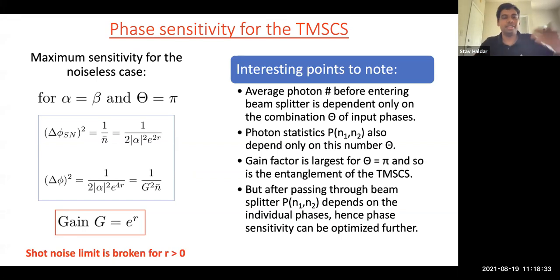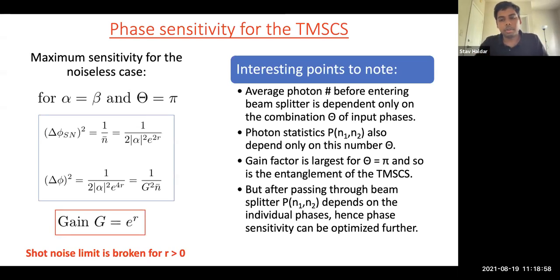It's either 0 or n, so the fluctuation in the number of photons is proportional to the number of photons, and therefore delta n proportional to n tells you that delta phi is 1 by n. So you can hit the Heisenberg limit the best with theta equal to pi. So that's all settled.